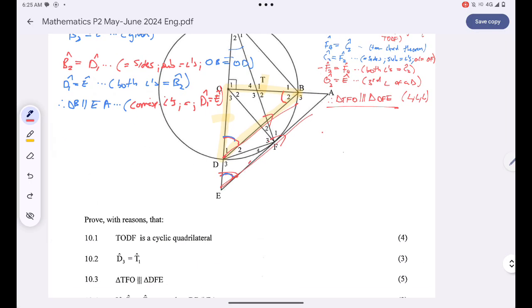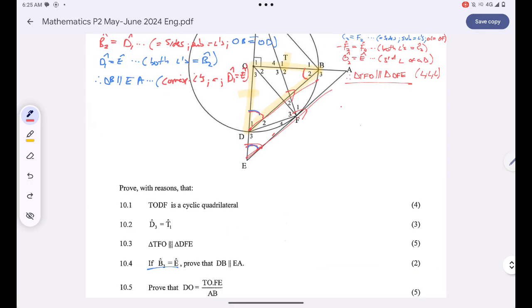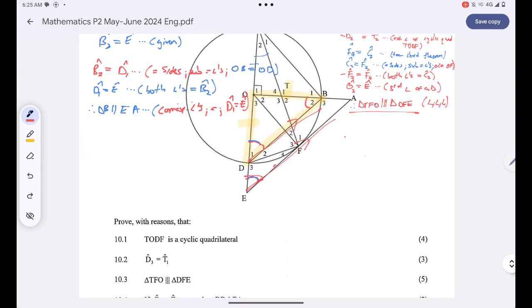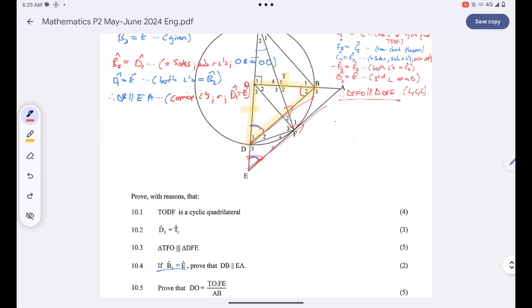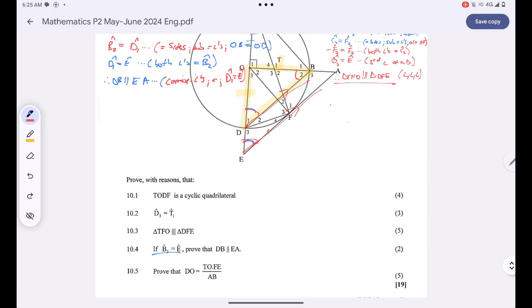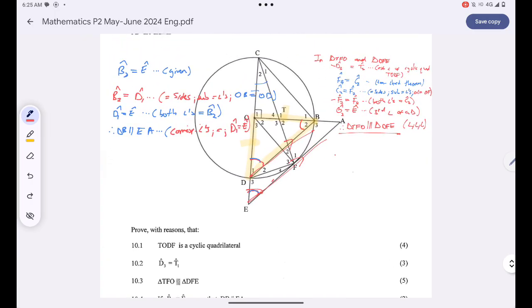So now I've shown that the two sides are parallel, and all I have to do now is to show that DO is equal to TO multiplied by FE all over AB. Okay, let me erase over there.